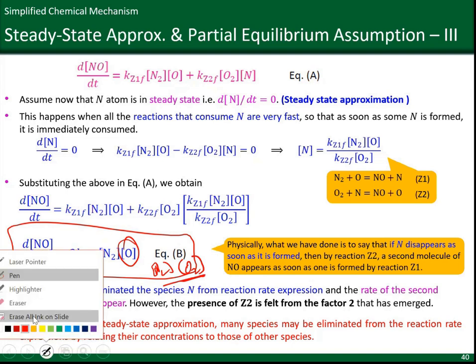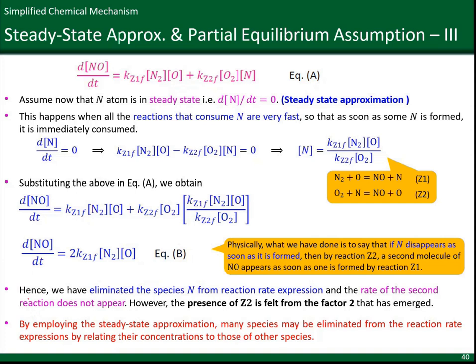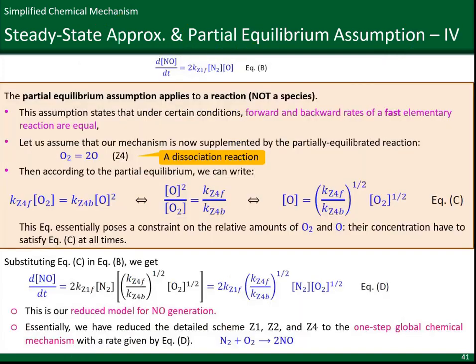That's the simple goal here. So we did the steady state approximation. We also did the directionality approximation by assuming only the forward direction. So now we are left with the partial equilibrium assumption. Okay, so now let's keep this in mind and move on to the last assumption.